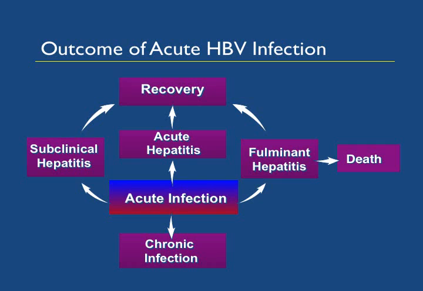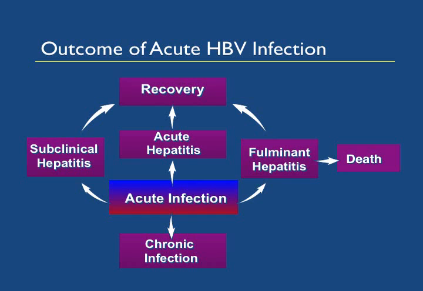The majority of the patients with acute infection have what we call a subclinical hepatitis. They may have very minimal symptoms, are not jaundiced, and a diagnosis may be missed. Some patients with acute infection go into recovery, and others go into chronic infection. The risk of progressing from acute to chronic infection is inversely proportional to the age at the time of infection.